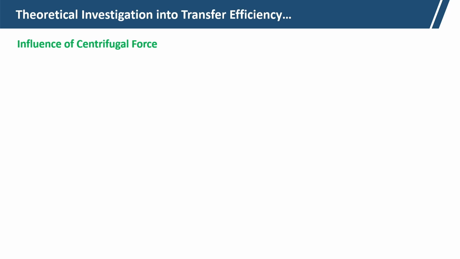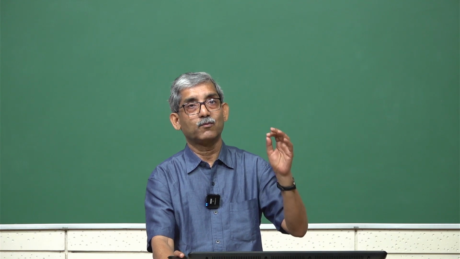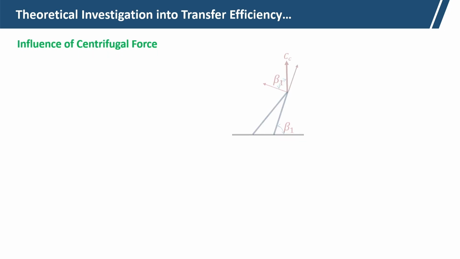So, now we are coming to the influence of centrifugal force. What we have discussed: the influence of wire point density, the influence of wire point angle, and the next is the influence of centrifugal force.